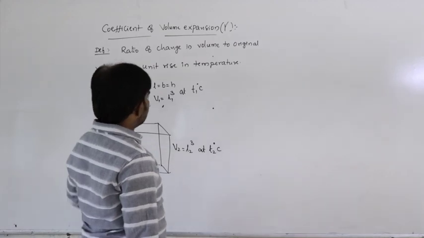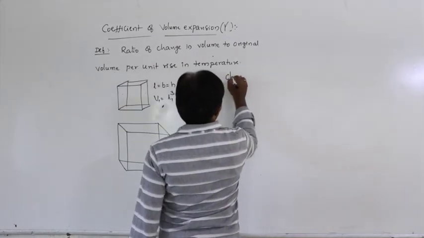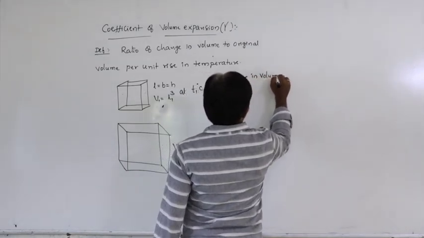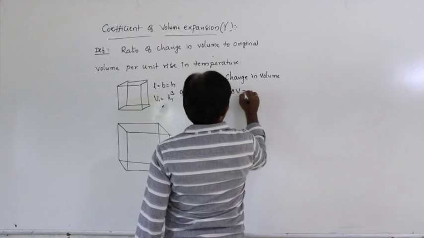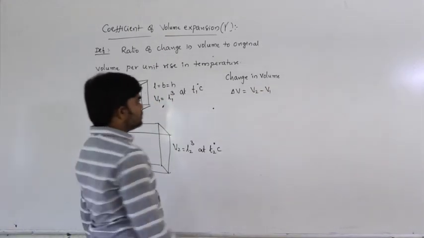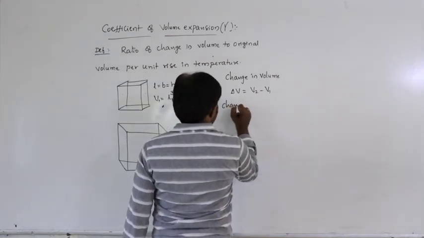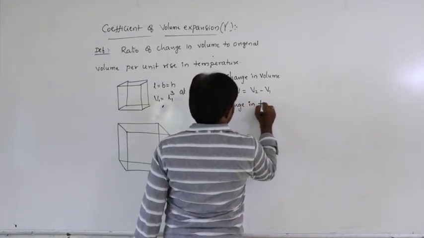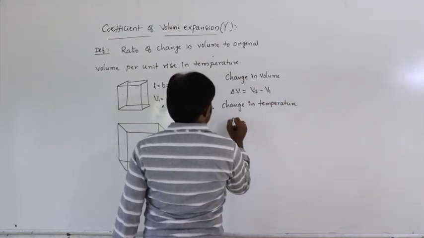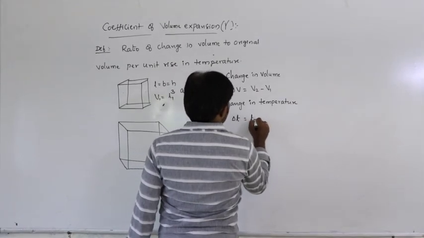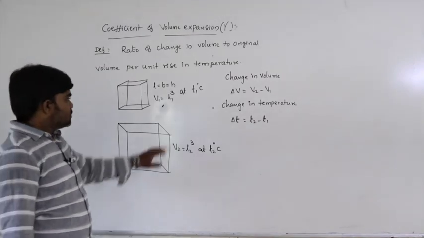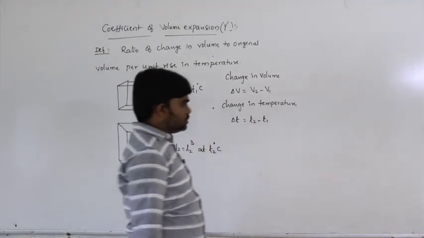Now, what is the change in volume? Delta V is equal to V2 minus V1. In the same way, what is the change in temperature? Delta T is equal to T2 minus T1. So this is the change in volume and this is the change in temperature.